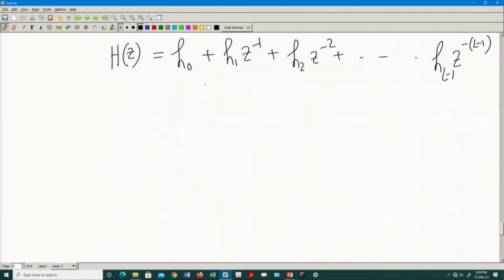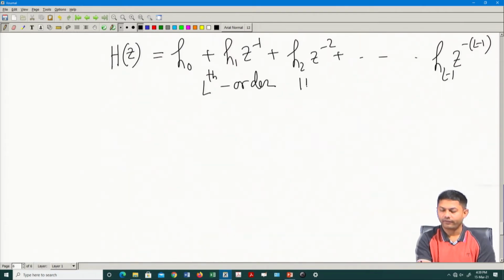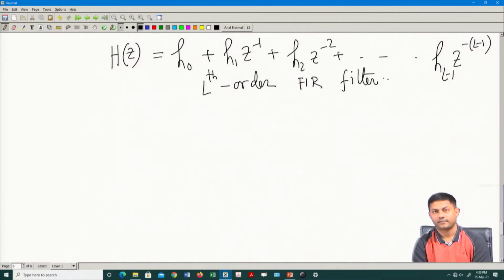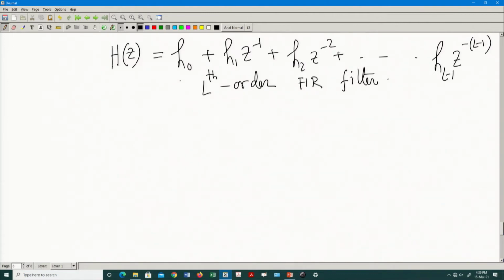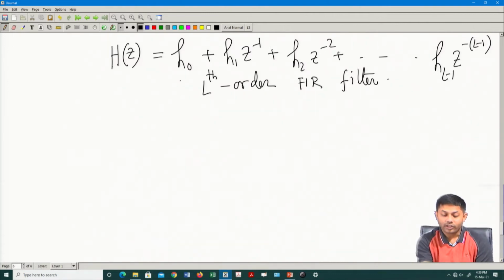So, this is an Lth order FIR filter. But note that though its order is L, it does not mean that each and every component or coefficient within this filter of order L will be non-zero.